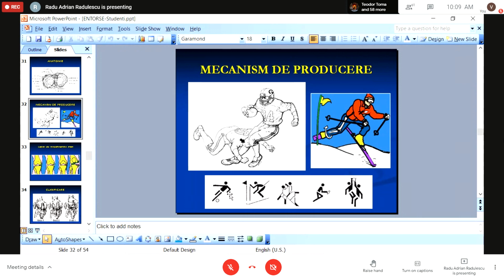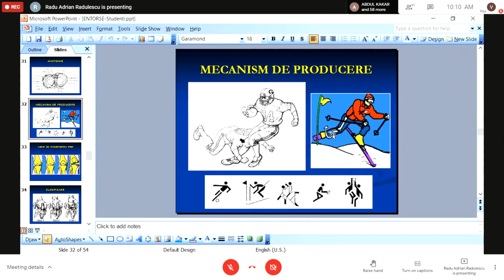So also we recognize here a valgus mechanism. So these are mainly valgus mechanisms. A valgus mechanism will damage the structures on the medial aspect of the knee.